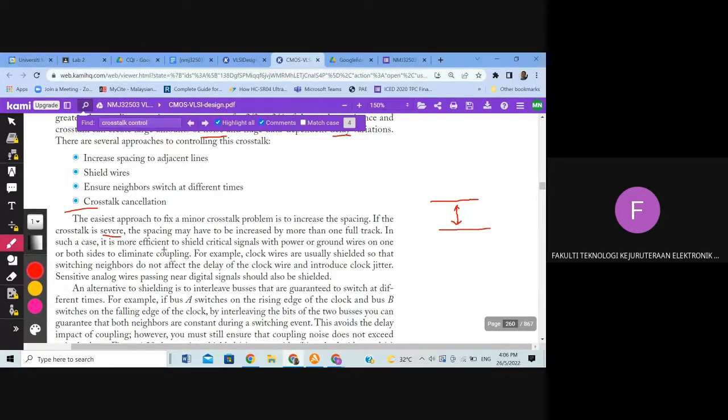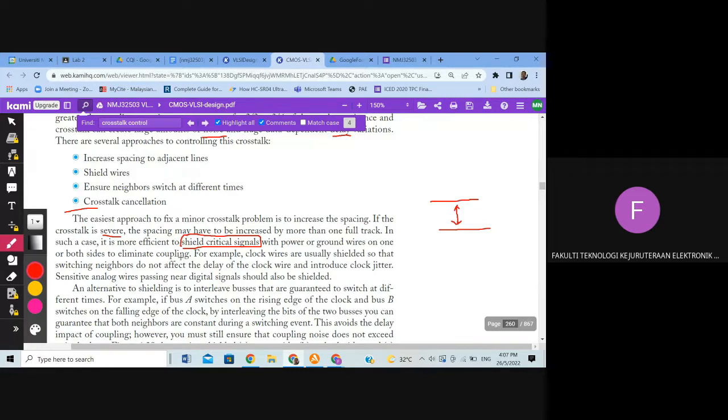So practically, normally the more efficient approach is to shield critical signals. This is actually the next step to be considered by a designer. They identify what those critical signals are, and then they shield that particular critical signal, wire or bus, with power or ground wire on one or both sides to eliminate the coupling.